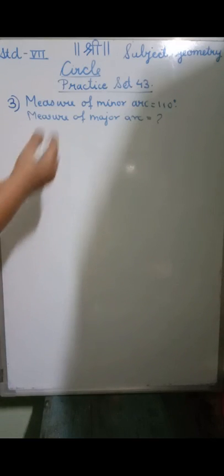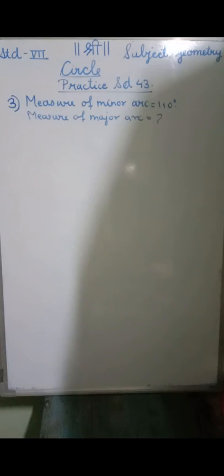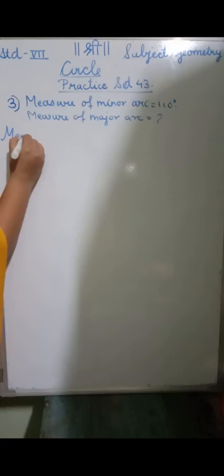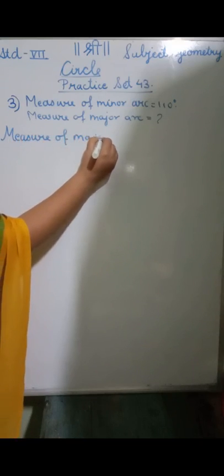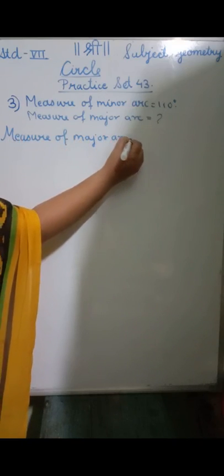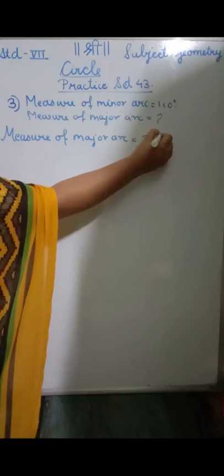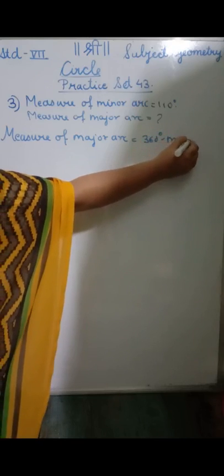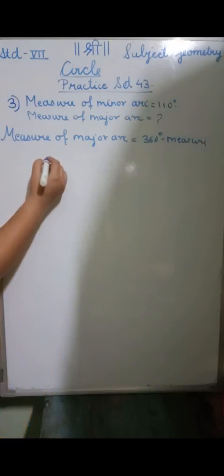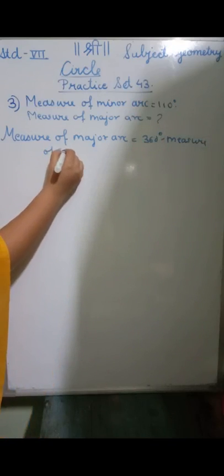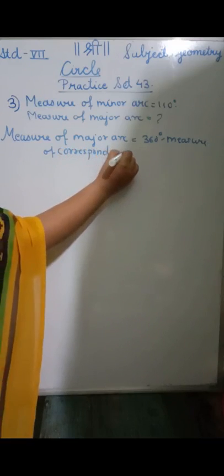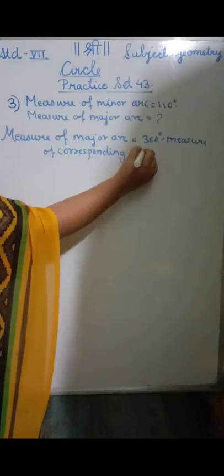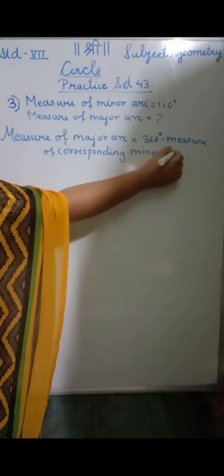Now since we don't know, do we have one formula which we have learned? What is that? Yes, measure of major arc is equal to 360 degrees minus measure of corresponding minor arc. Do we have a formula like this?